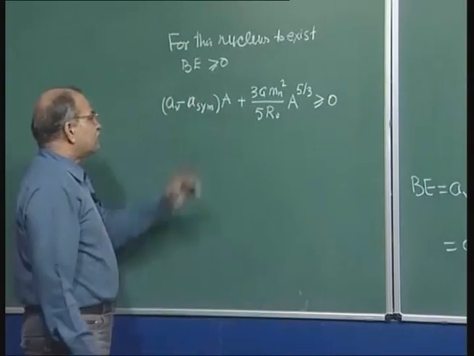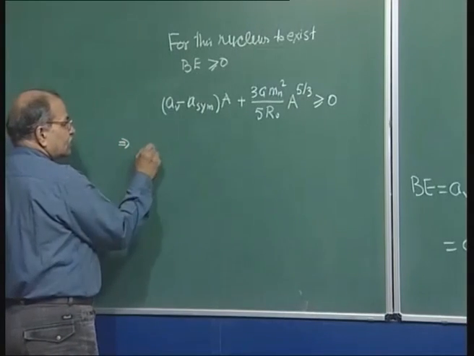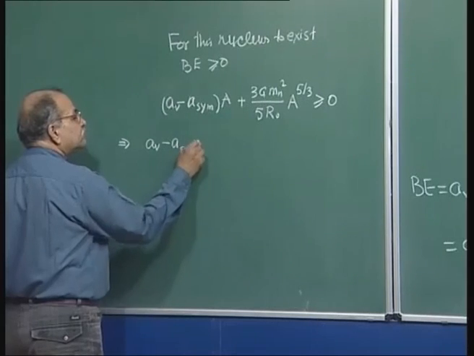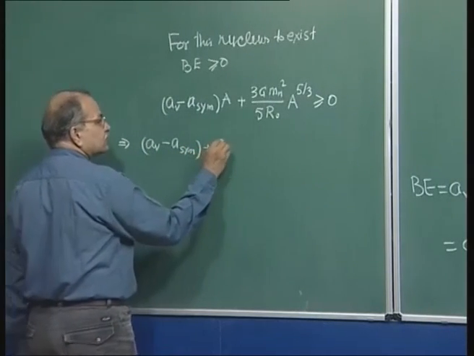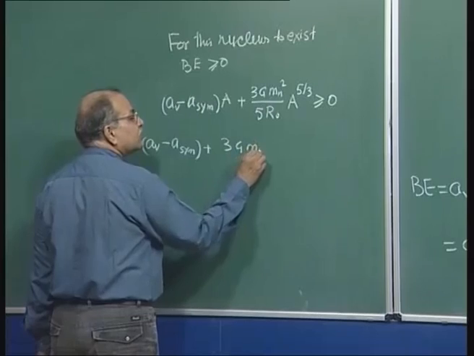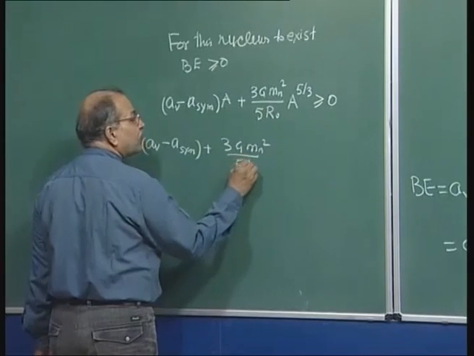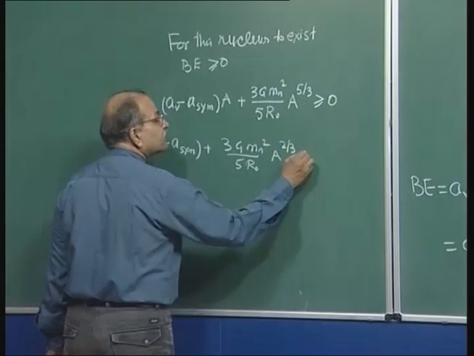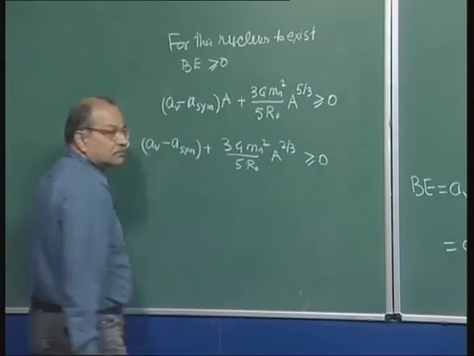I can divide by capital A. So, it is a_V minus a_sym plus 3 G m_n square over 5 r naught A to the power 2 by 3 should be greater than or equal to 0.